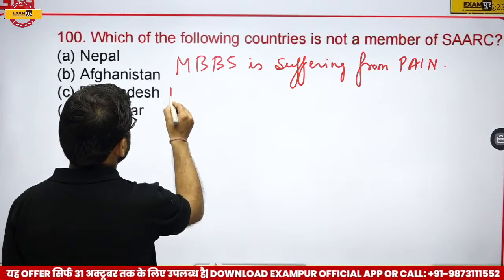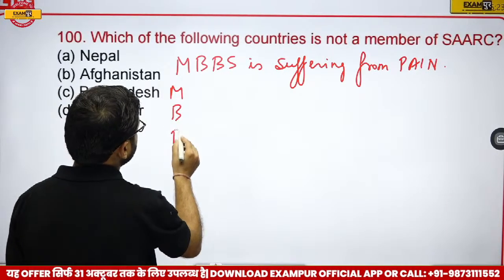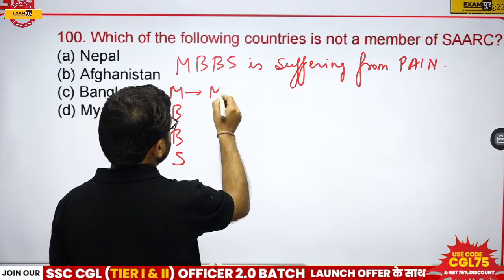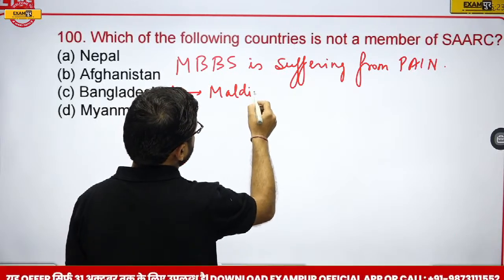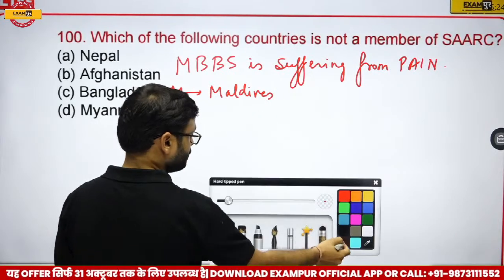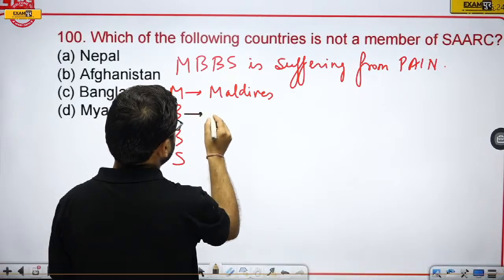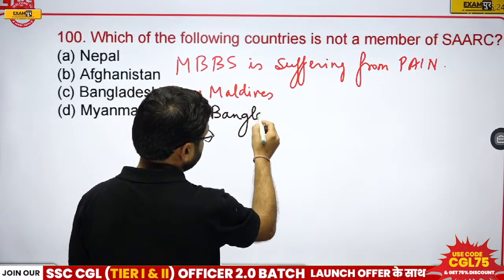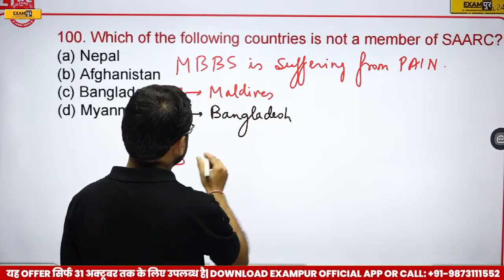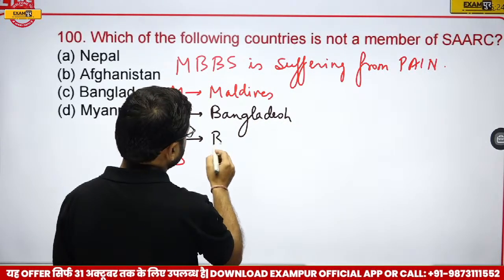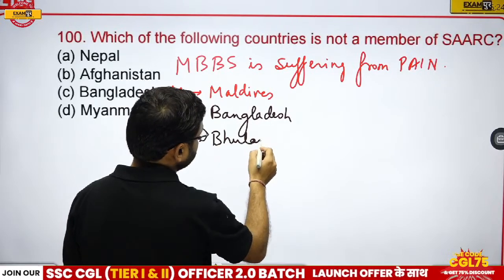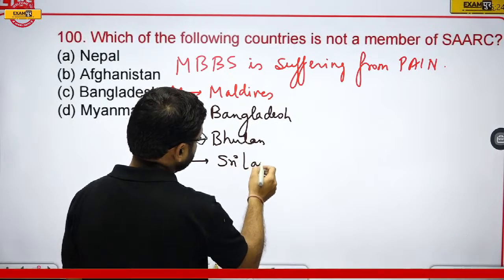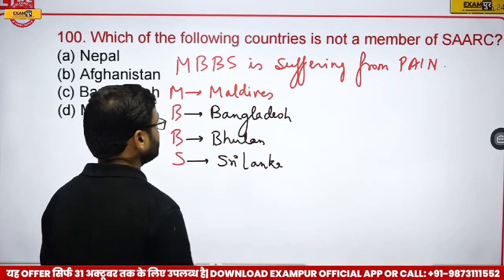Here MBBS: M for Maldives, B for Bangladesh, next B for Bhutan, and S for Sri Lanka.